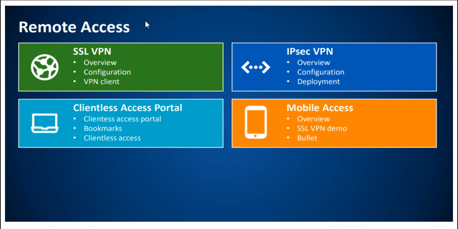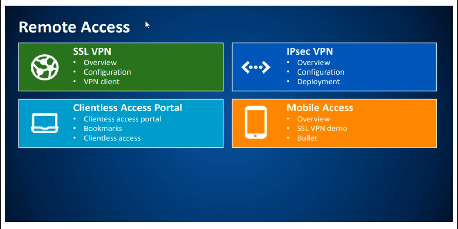The ninth module we will cover is for remote access users, the users who are connecting from outside to the firewall to have access to the internal resources. We will connect the users with the help of IPsec VPN and, of course, SSL VPN. So we look into the overview and configuration, what VPN client and deployment options are available to connect the users from outside, and what specific resources he or she will have as per the policy.